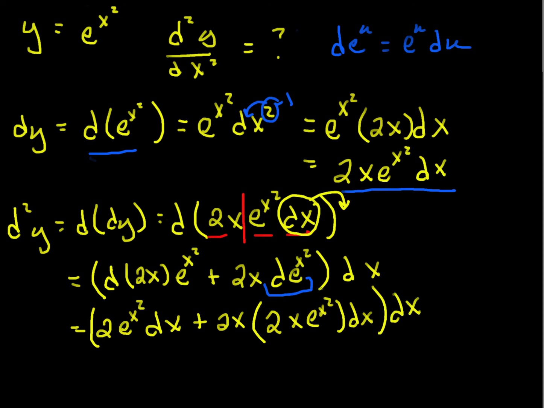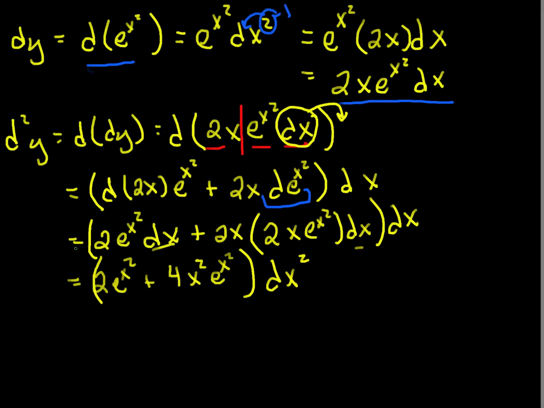And now I'll clean this up, and so this is equal to the quantity 2e to the x squared plus 4x squared e to the x squared, times, now that dx and that dx come out and multiply, dx squared.